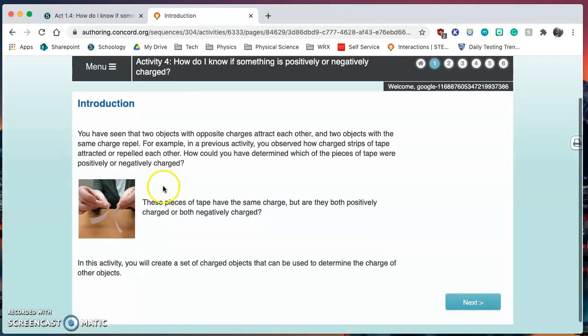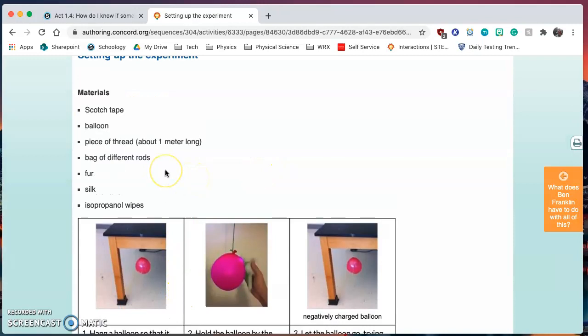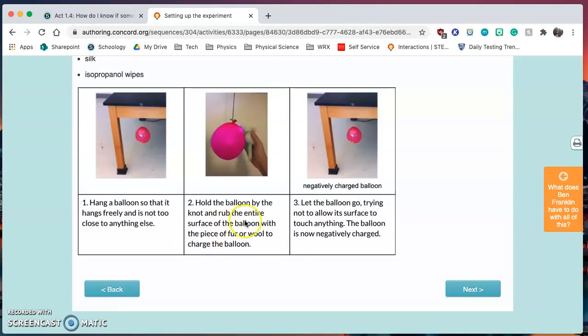Taking a look here, again, it sort of recaps what I was just mentioning and gets into the first part of the experiment, looking for a very similar list of materials to what we've seen so far.